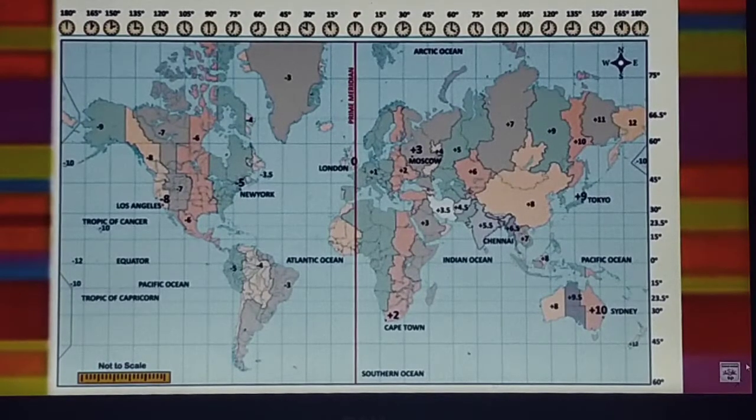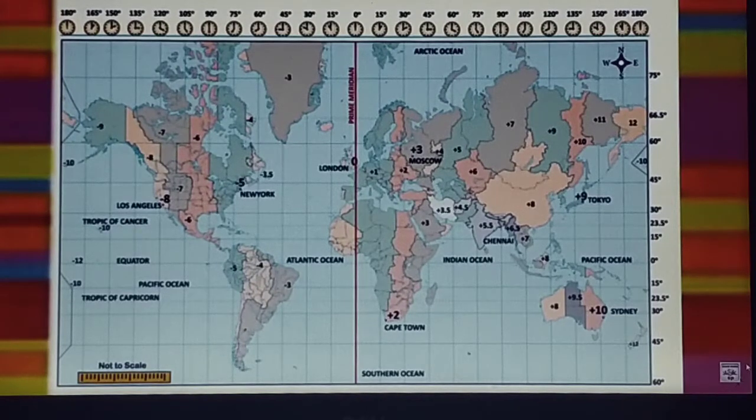Lines of latitude are circles which are drawn at a distance of about 111 kilometers. The poles are shown as points.